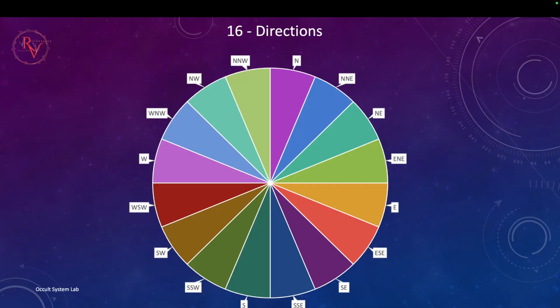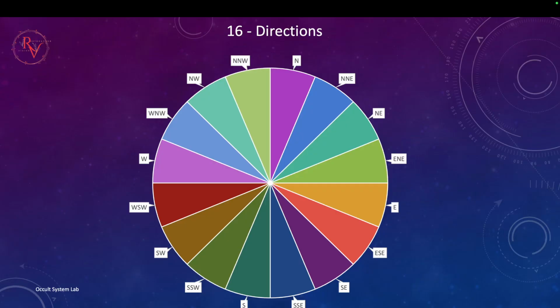So in Vastu, we primarily have 16 directions. So the entire space is 360 degrees, which is divided into 16 slots. It looks like a pizza where each slice corresponds to a pizza slice.